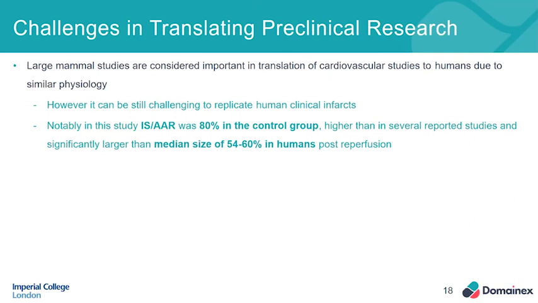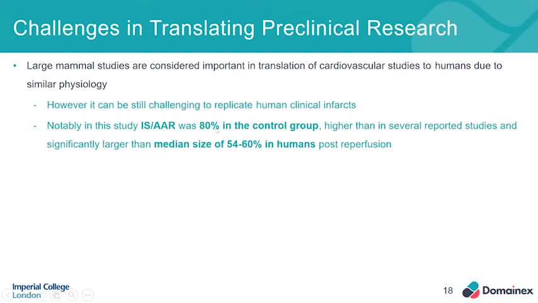One of the key things is the need to do large mammal efficacy studies, which are considered the gold standard. Although these show much better representation to humans, it can still be challenging to replicate human infarcts. So, for example, in this study, we had infarct size relative to the area at risk of about 80% in the control groups.